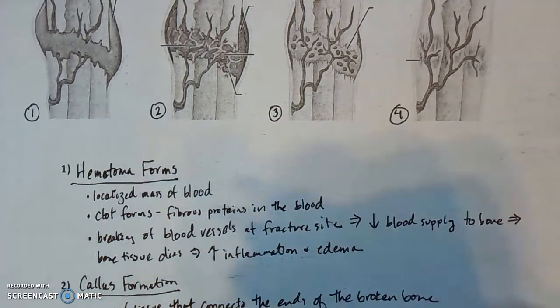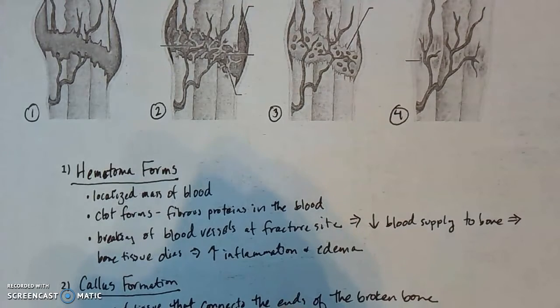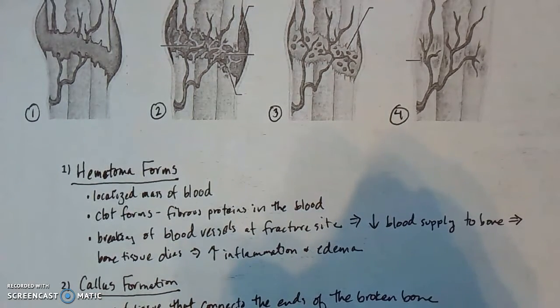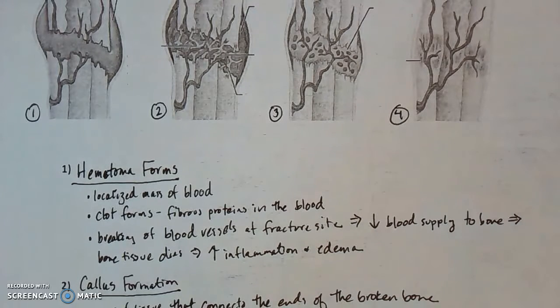This mass of tissue is triggered when macrophages eat the clot. The macrophages come in, those are part of the inflammatory process. They start breaking down this clot. They basically eat it because remember, macrophages are big eaters. And then that is going to trigger a series of reactions that results in a formation of tissue.